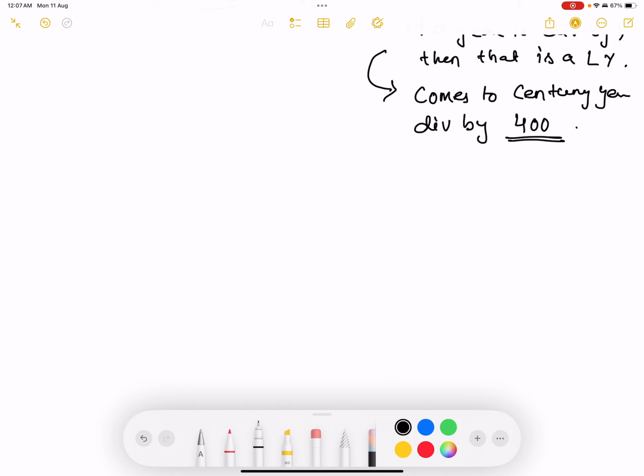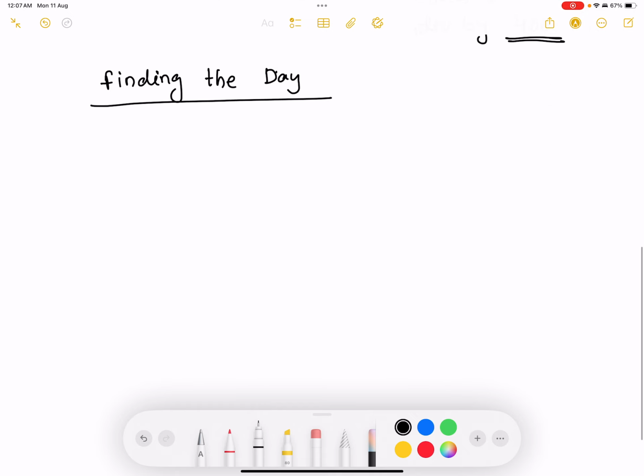So we are going to discuss finding the day. We are dealing with one number that you need to remember, and if you remember it, it will give you marks: 144 025 036 146.